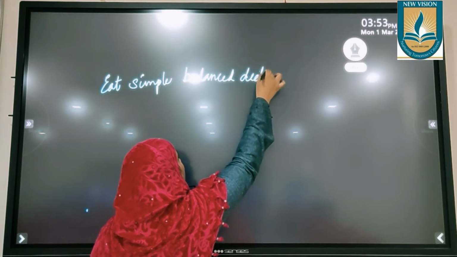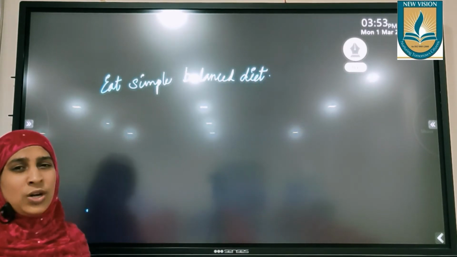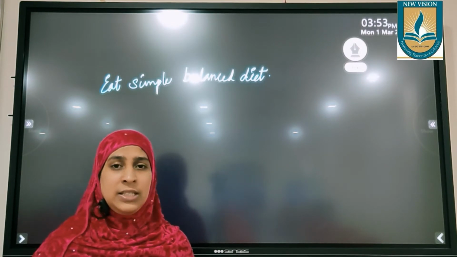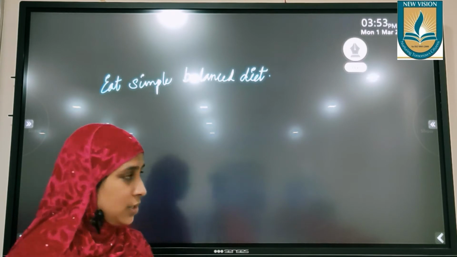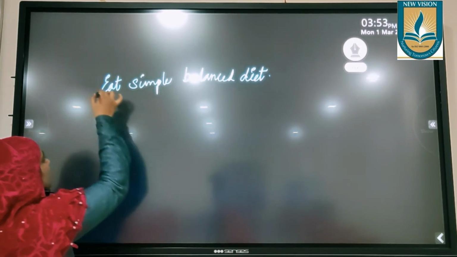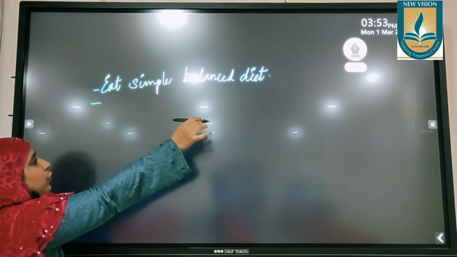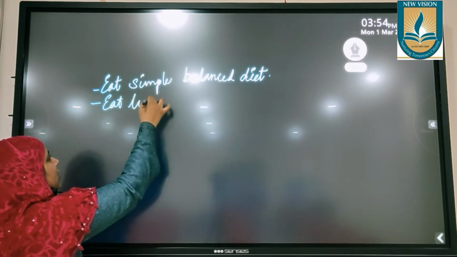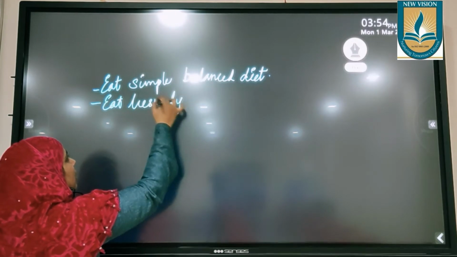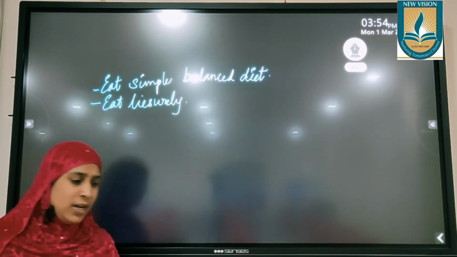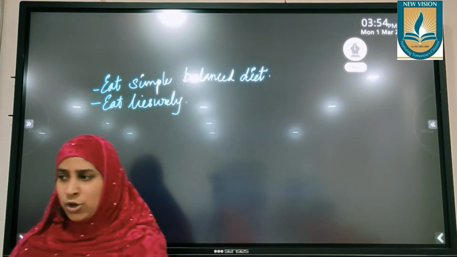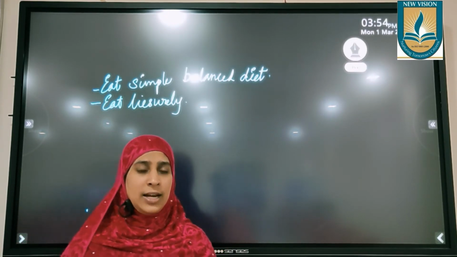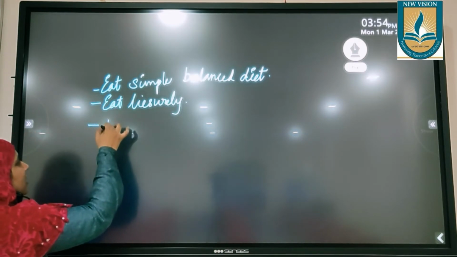So much gravy, all masalas, excess of spices, all this doesn't make your food easily digestible. They make it hard to digest. So we should always eat a simple diet that has all the nutrients, and eat leisurely. You should not hurry. When you are eating one morsel of food and then running here and there, and again taking another, that's not the way. You sit, relax and eat. Chew the food well, masticate it thoroughly.